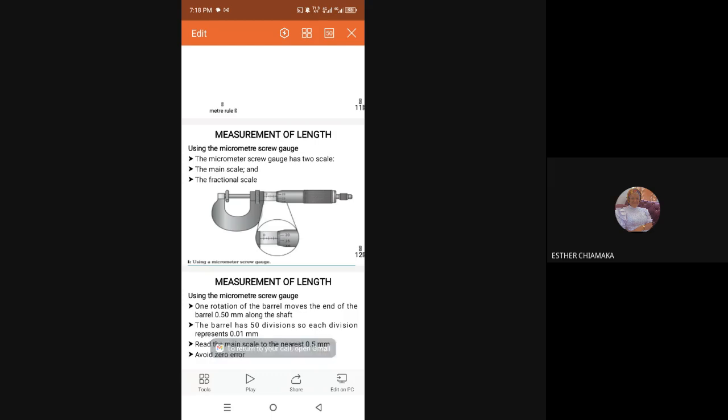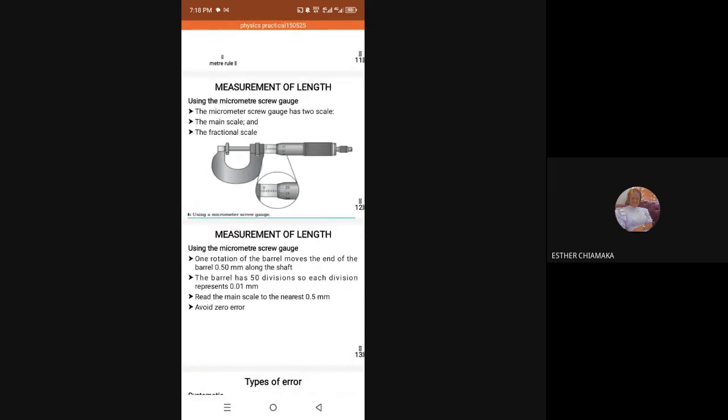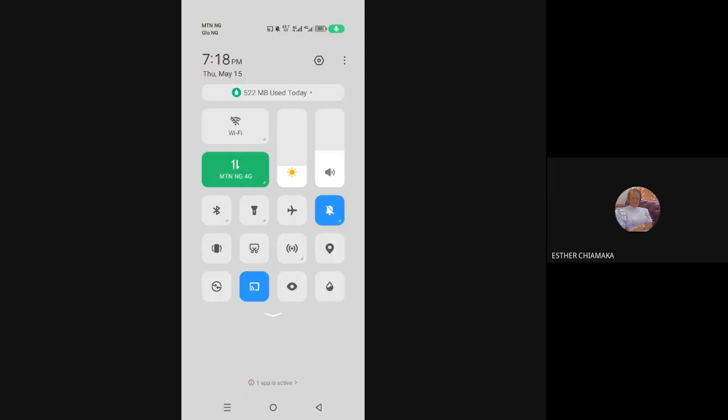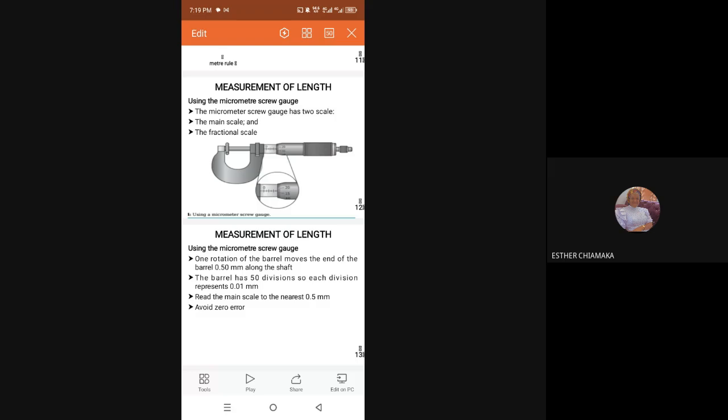All right, so the micrometer screw gauge, we have the main scale and we have the fractional scale. Slide 13.